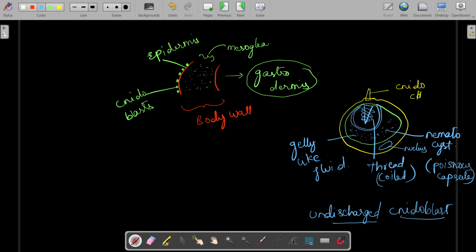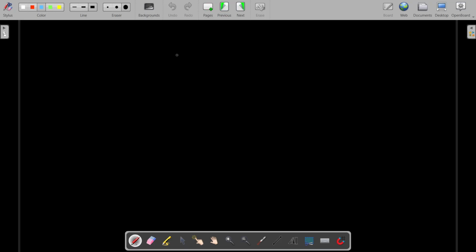Now, this needle is inside, which means there is no danger. When danger is encountered, this cnidoblast cell looks somewhat like this.